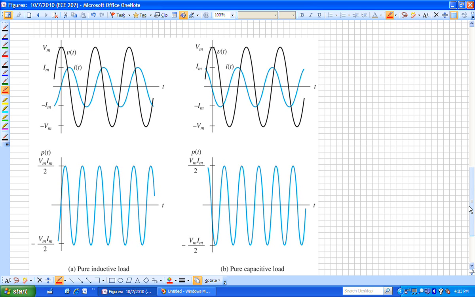ELI. So the black voltage waveform is 90 degrees ahead in an inductor of the blue current. Does that make sense? So that's 90 degrees in angle, but in time that's going to depend on the frequency. We're not going to worry about that, but you can see that the voltage is peaking before the current is peaking.